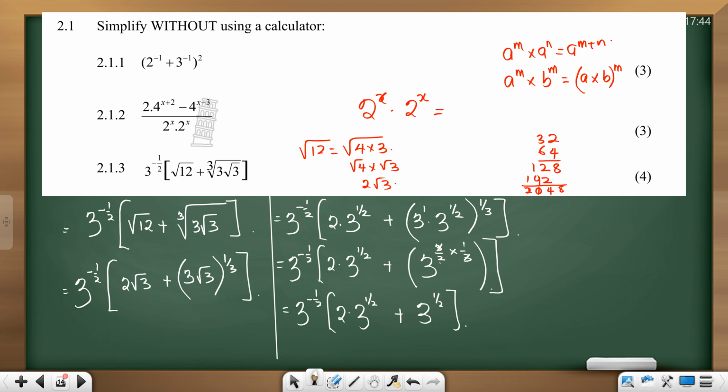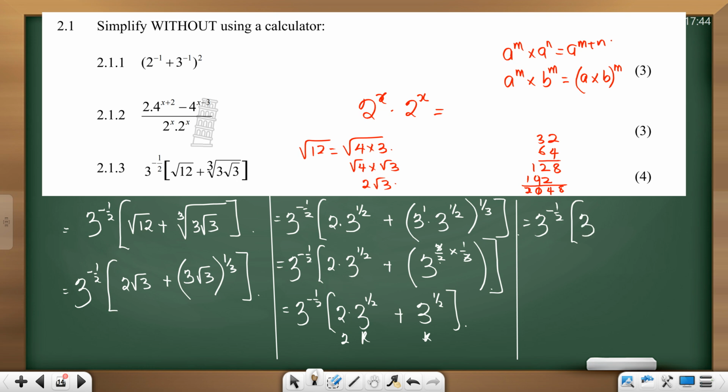I don't know if you see this as like terms. Look, for example, if this is k and this is k, I have 2k plus k, which is 3k, because they are like terms. So what do I have? 3 to the power negative half times 3 multiplied by, so they are all multiplication. Or let me do this so that when you are going through, it makes sense.